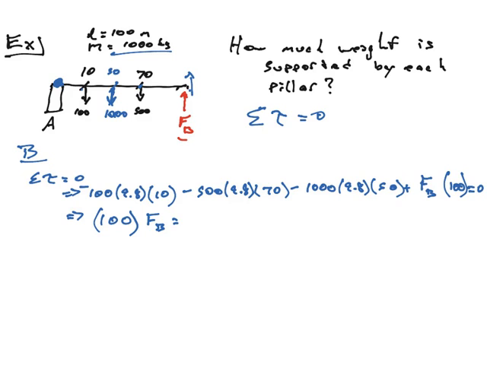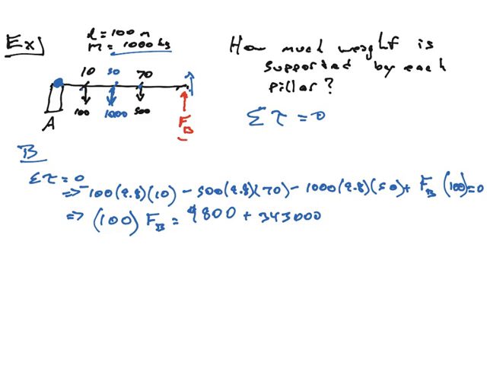And what do I have? I've got 10 times 100 times 9.8 is 9,800. And then I've got 500 times 9.8 times 70, which is 343,000.